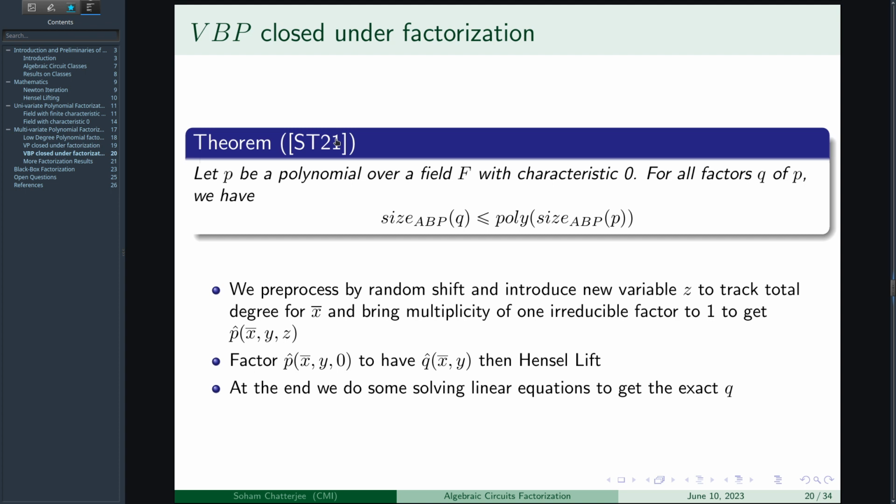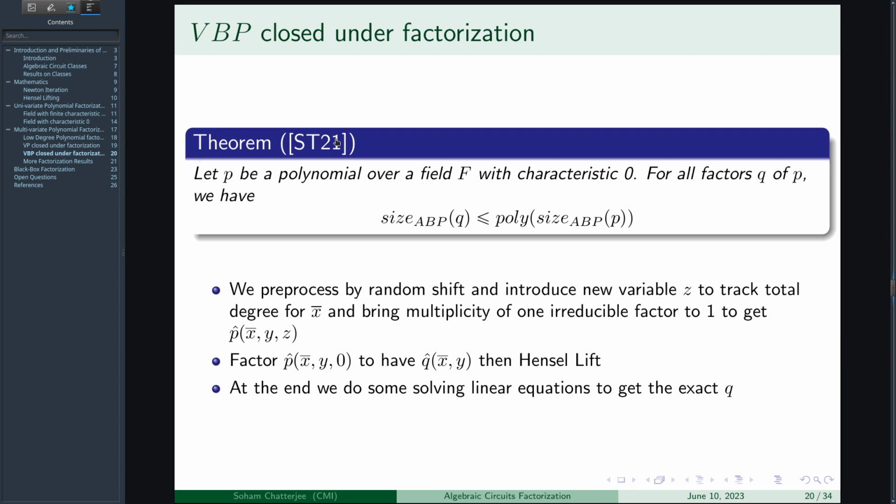Originally f equals g times h where g is monic, and when we consider univariate, g0 is also monic, but the lifts may not be monic, and we cannot make it monic at each lift because, as I said before, making it monic means introducing a division gate, and removing a division gate takes a huge blow up in ABP and formulas.